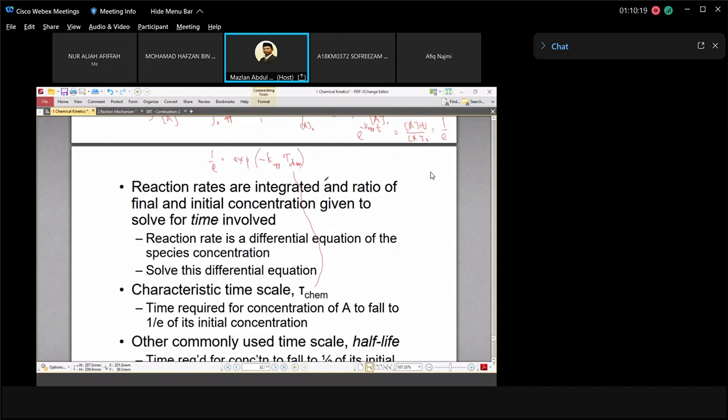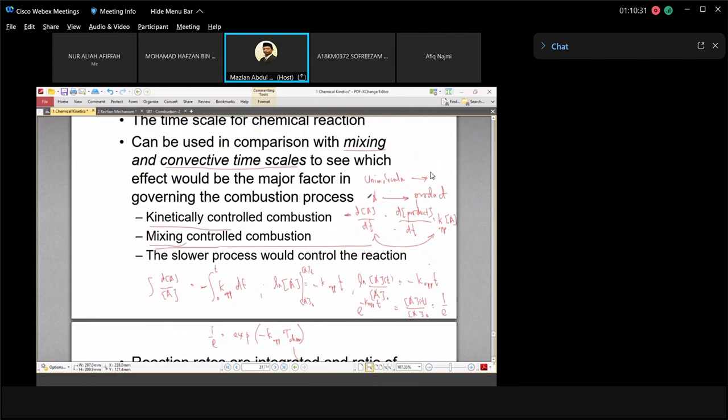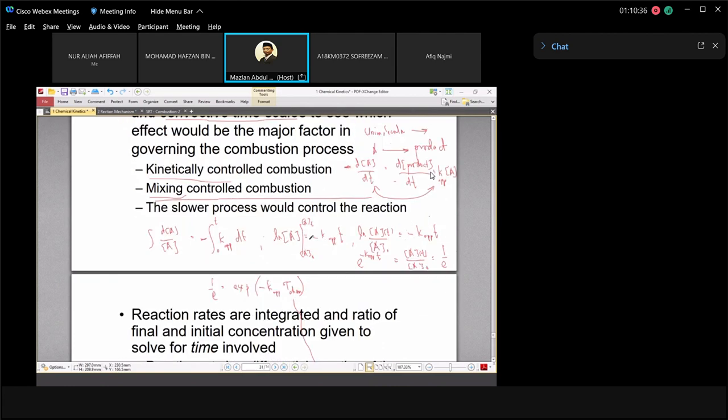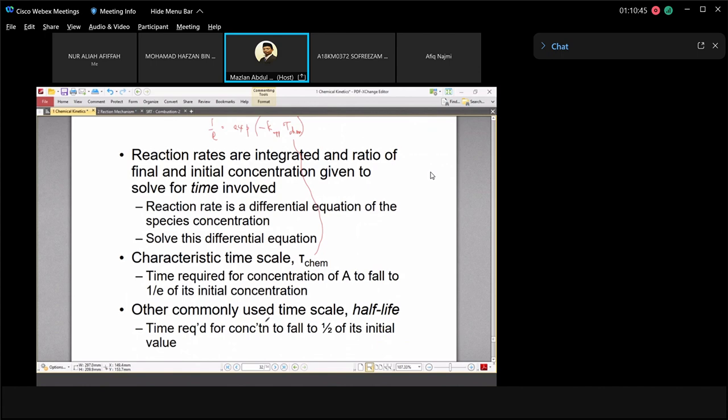Other commonly used time scale is half-life, which is time required for concentration to fall to 1/2 of its initial value.